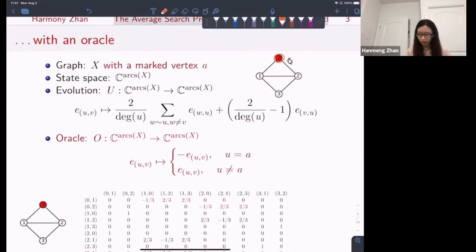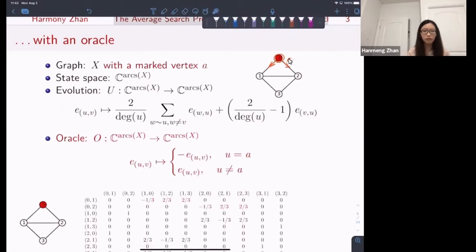Because our walk is described using the arcs of the graph, when we say we land on this marked vertex 0, what we actually mean is we land on its outgoing arcs. So the target here is not a vertex, but the arcs starting from that vertex.